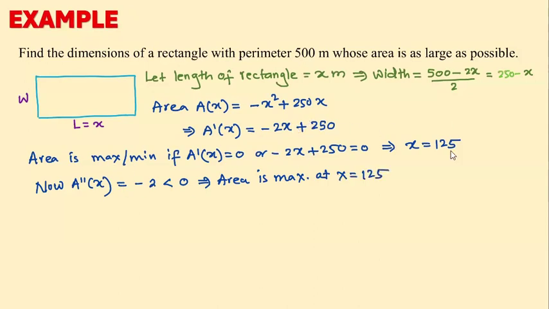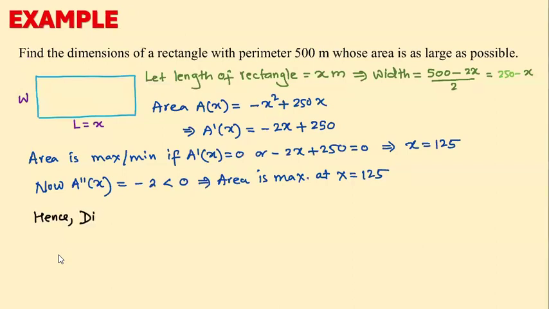So in this line, we said area is maximum or minimum at x equal to 125. But here we confirm that it is actually maximum at 125. So that means when the length is 125, the area is maximum. We are looking for the dimension. So let's write the dimension of the rectangle with maximum area.